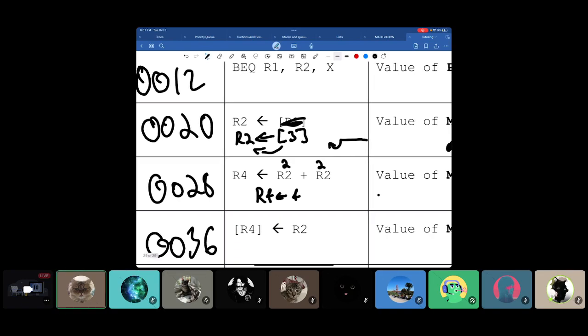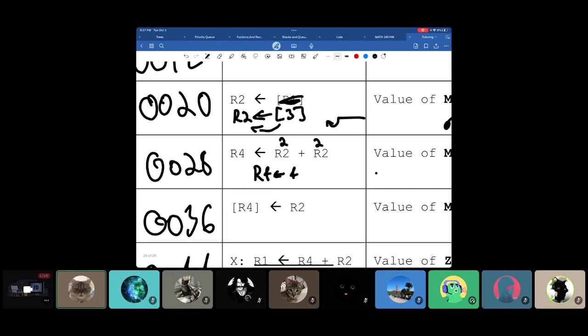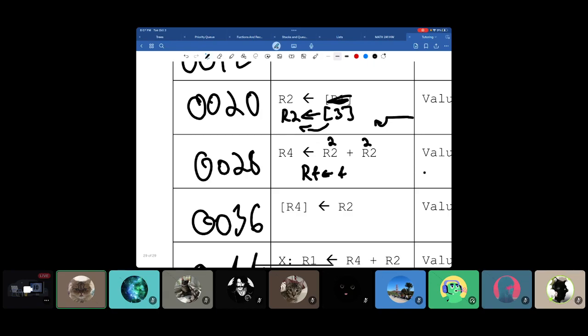But we know that R-types do not have mem stages. So from the fetch stage, the MAR never changes, right? Because we're not going back to memory. So MAR is still just going to be holding whatever was in MAR previously, which was 0028, right?